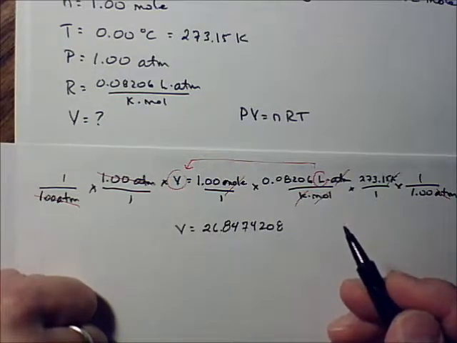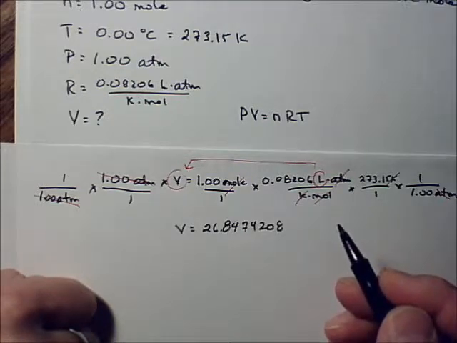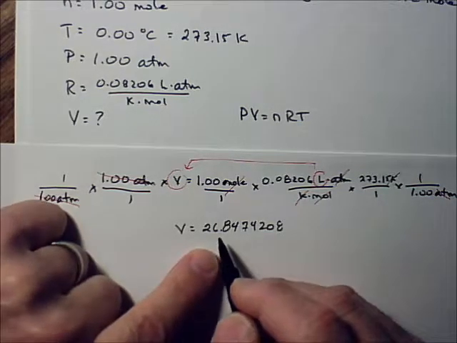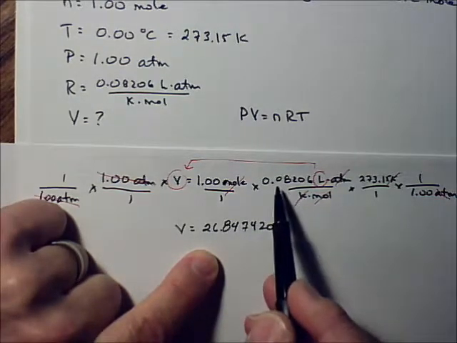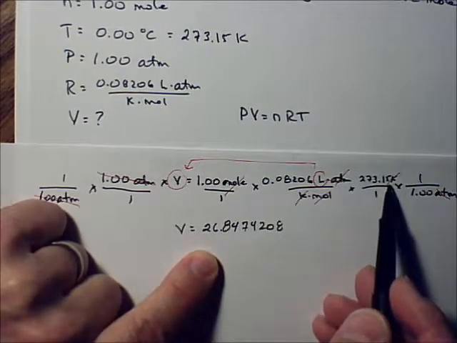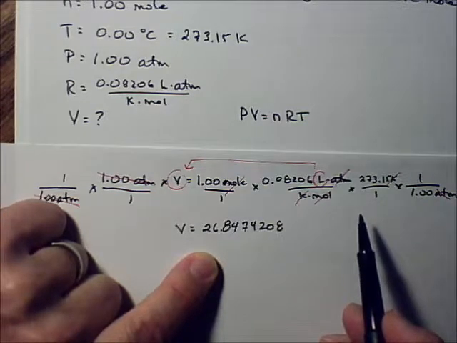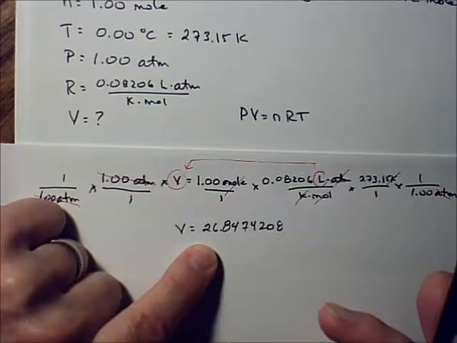Only 2 people are putting it in the calculator? All right, so 0.08206 times 273.15 is all you have to do, right? Because everything else is ones. Correct? Did you get the same thing Breezy got?